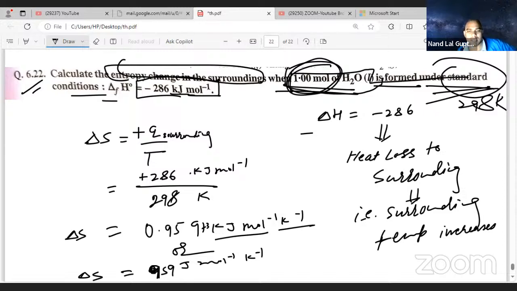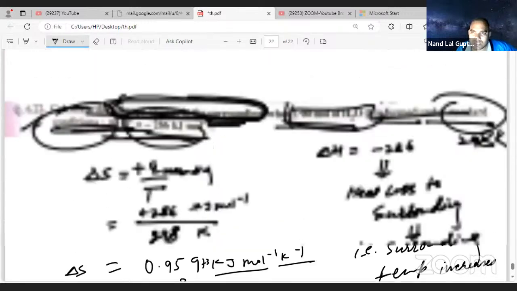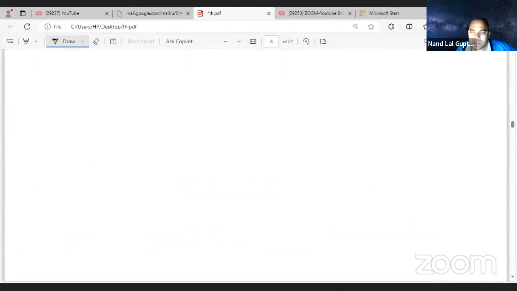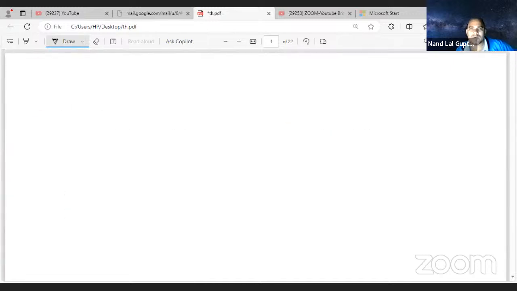So here it's okay. Any problem till now? No, sir, no problem. So thermodynamics is almost covered. You go to the example index or anything, whatever you want to ask from thermodynamics, you are free to ask.